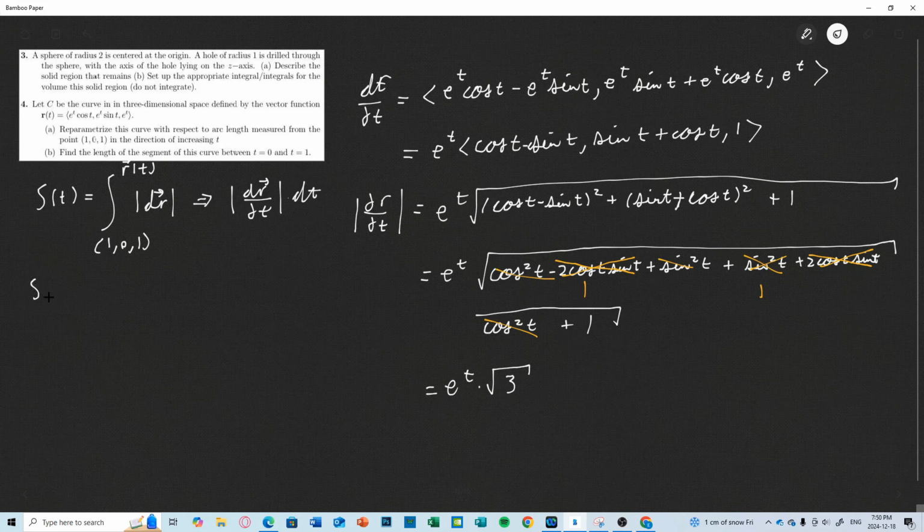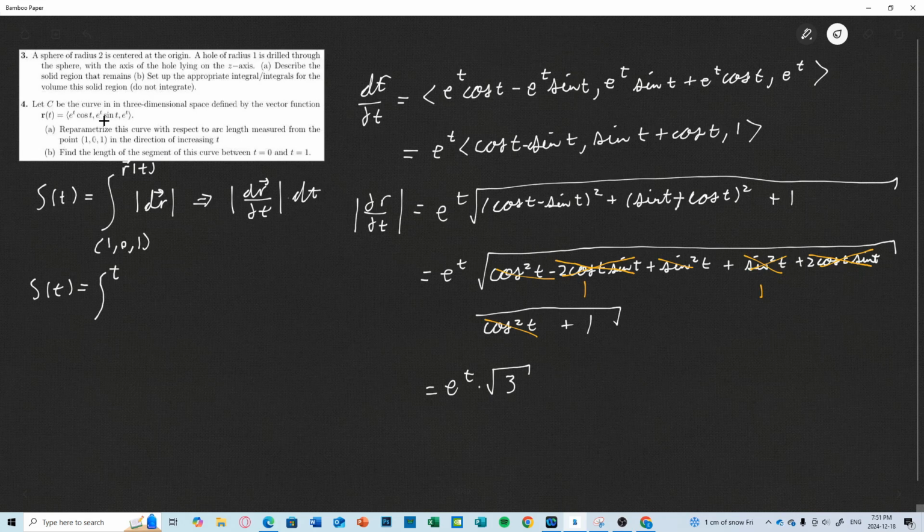So now, when we have our s of t, this is just going to become the integral of whatever t value gives us 1, 0, 1 up until our increasing t. So if we look back to our original function and find where it is equal to 1, we'll notice that if we set our t equal to 0, our first term in our original one, e to the t cos t, will become 1.